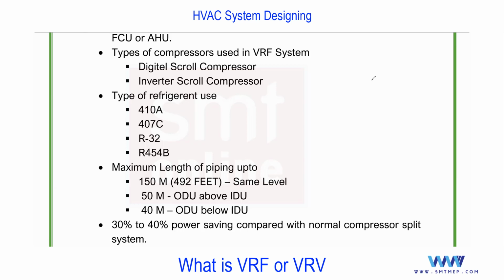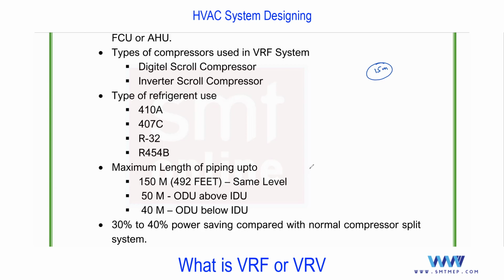And that depends on capacity, because if you talk about the split cassette type with 4 TR, because splits are available up to 4 TR, no? With 4 TR, the length of the pipe you may get is up to 45 feet, nothing but 15 meters. So the limit for the split is what? 15 meters. That too as per the capacity, not for all. For 1.5 to 2.5 TR, you may get 25 to 30, not more than that.